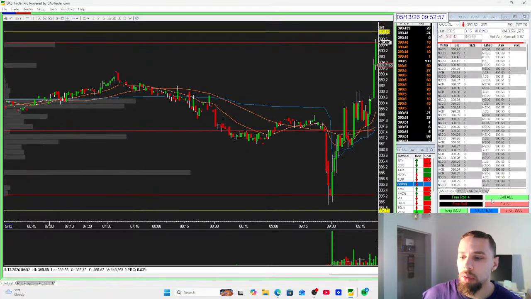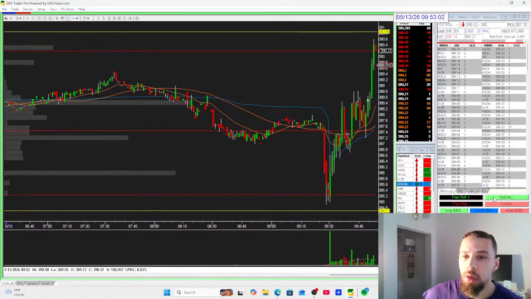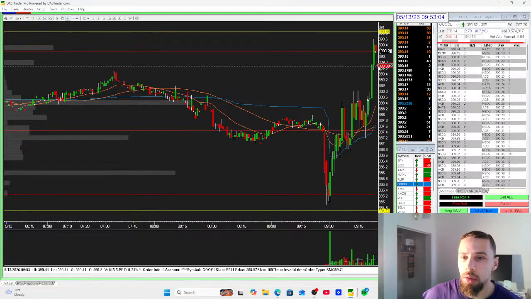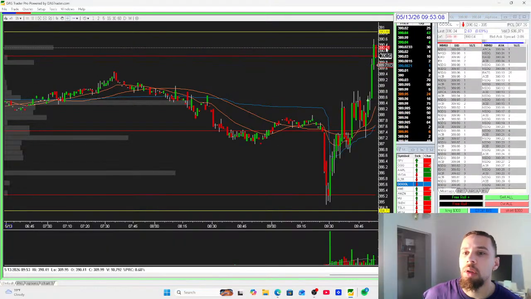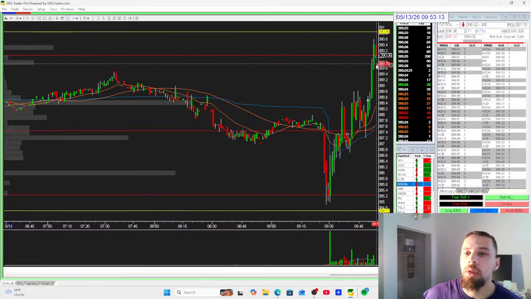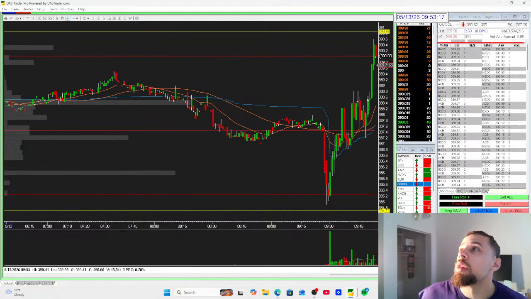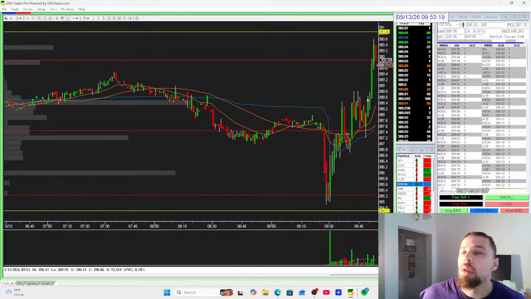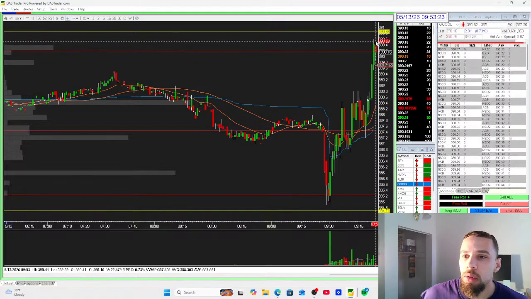Oh yeah. I like that. That's a nice 1-minute. See if it can hold here. Volume increasing on the 1-minute here. 395 has a nice liquidity order looking to get filled.